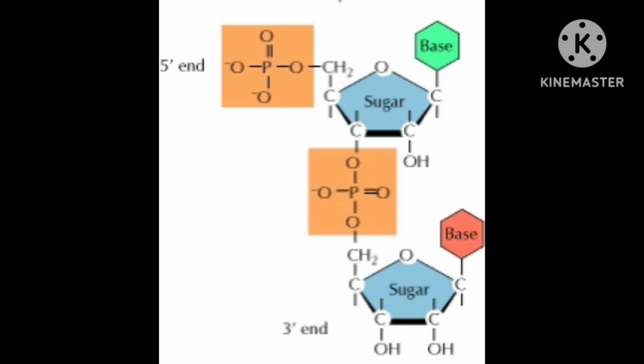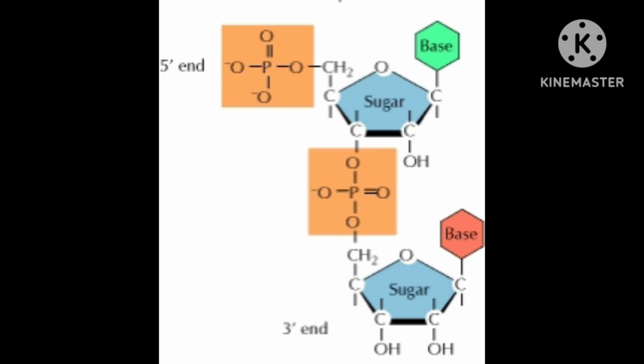Means on hydrolysis it will give three products: first pentose sugar, second phosphoric acid and third nitrogen containing heterocyclic compounds, that is called base.